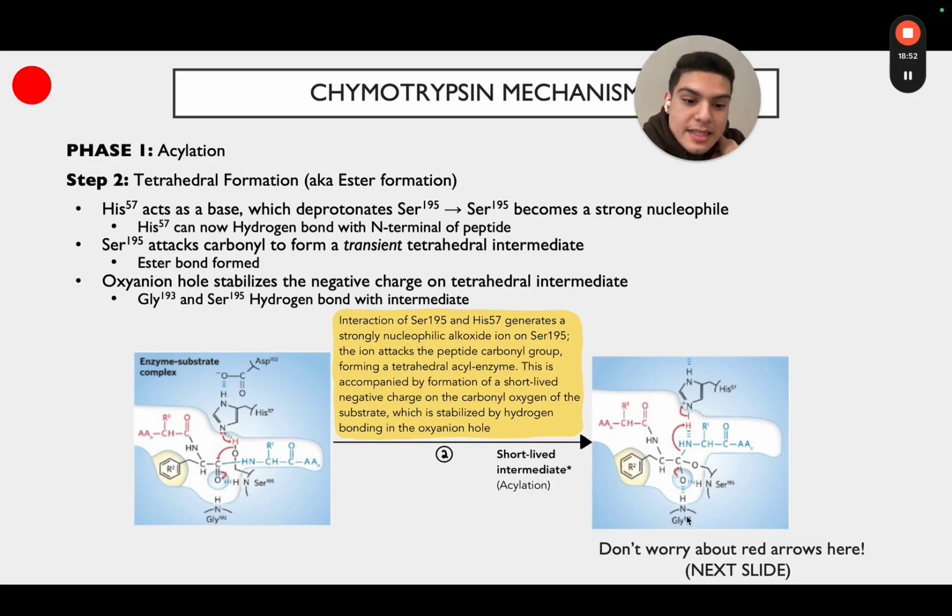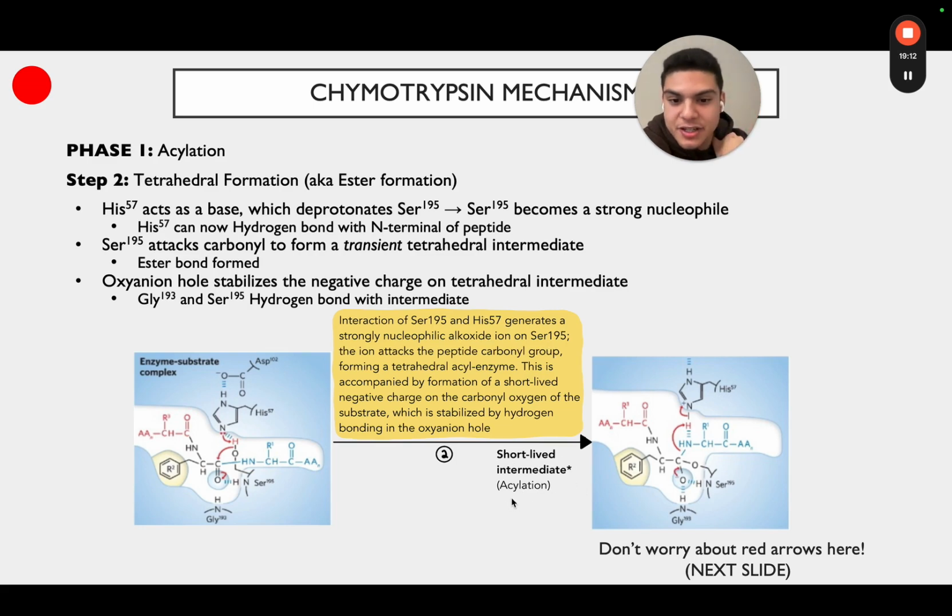Again, that glycine 193 and the serine 195 form the stable hydrogen bond to stabilize this negative charge on the carbonyl carbon. If we didn't have these 2 residues, it would be extremely difficult for the intermediate to even occur and exist. So again, this is a short-lived intermediate.